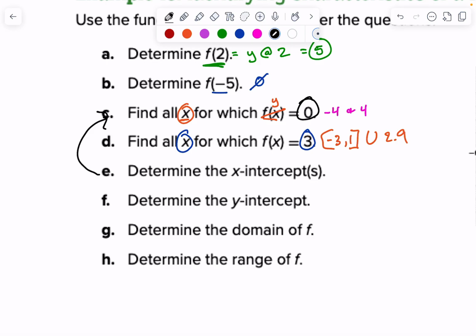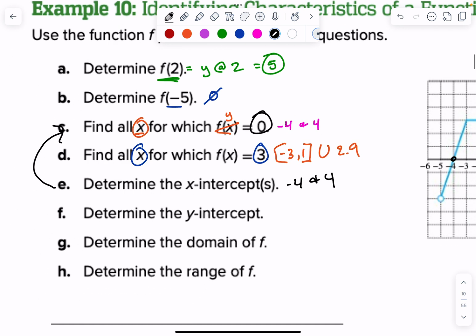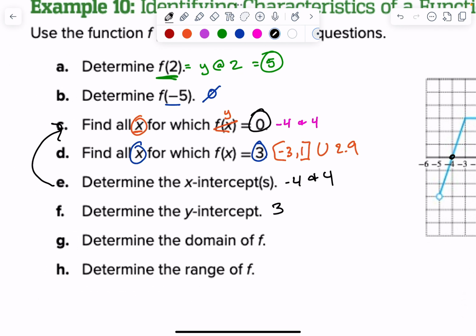You plug 0 in for y when you're trying to find the x-intercepts, right? So that's consistent, those two should end up being the same answers. Determine the y-intercept. This one only has one y-intercept, and it is at 3. He's intercepting the y at 3, okay?